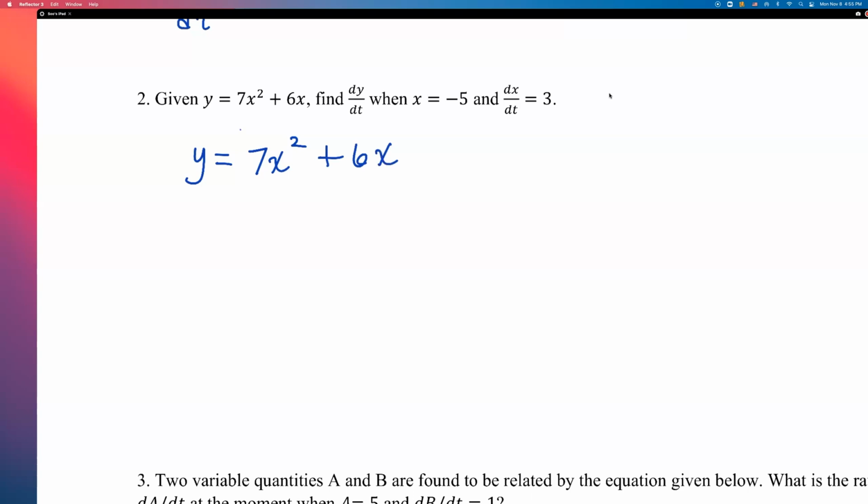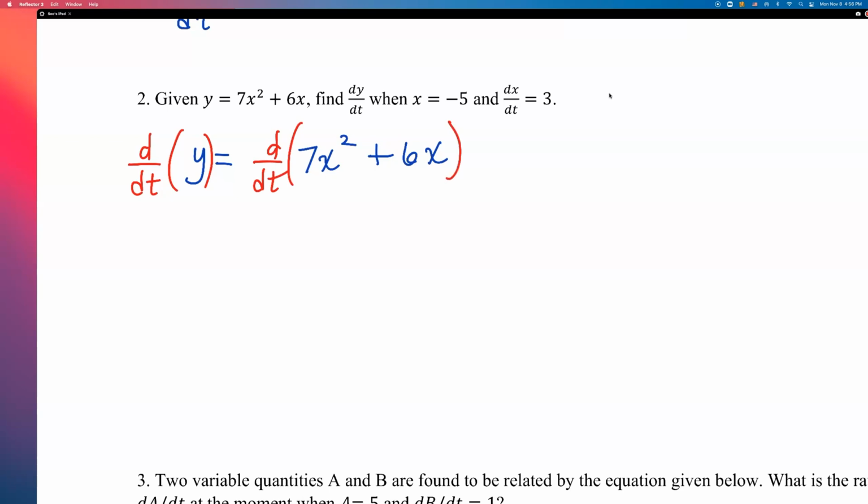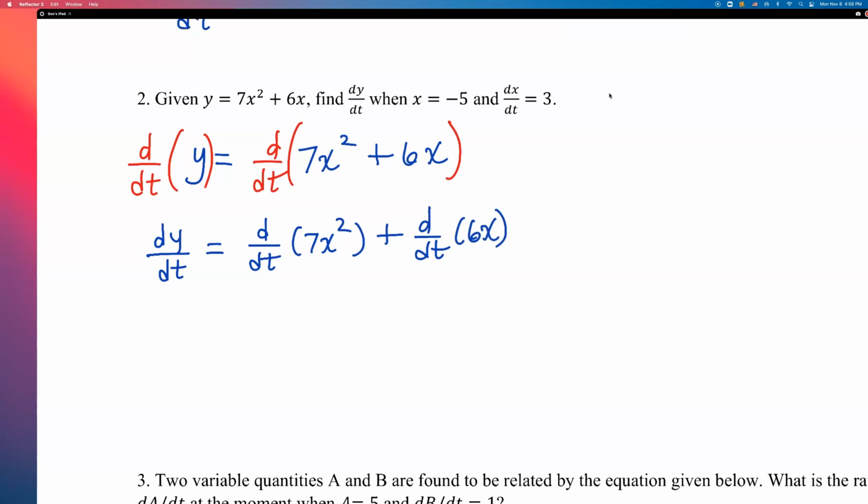So what I'm going to do is start by taking the derivative of both sides with respect to t. If I do that, I will get dy dt on the left side. The right side will be d dt of 7x squared plus the derivative of 6x with respect to t. So the left side is just waiting. Let's look at this one first.